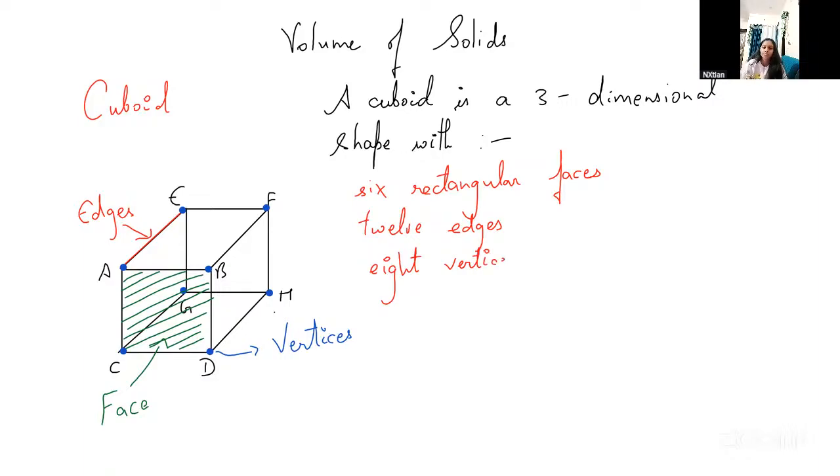Which has 6 rectangular faces, 12 edges, 8 vertices. Now it is defined by the length, breadth, and height.